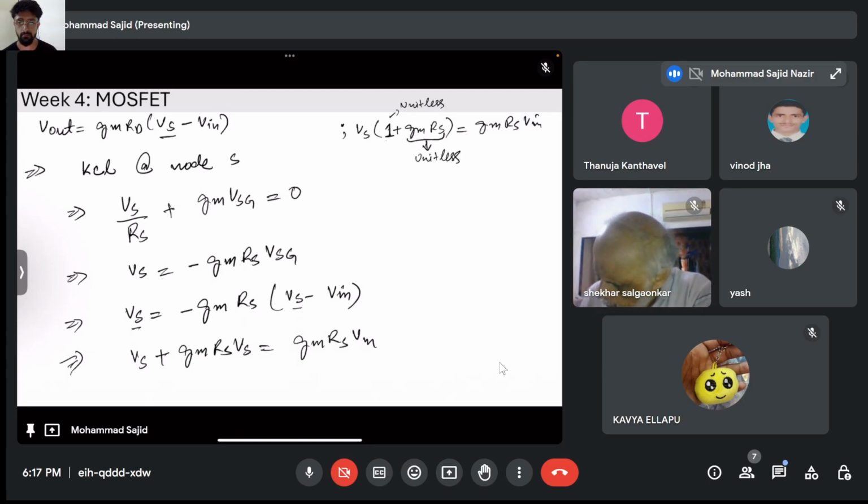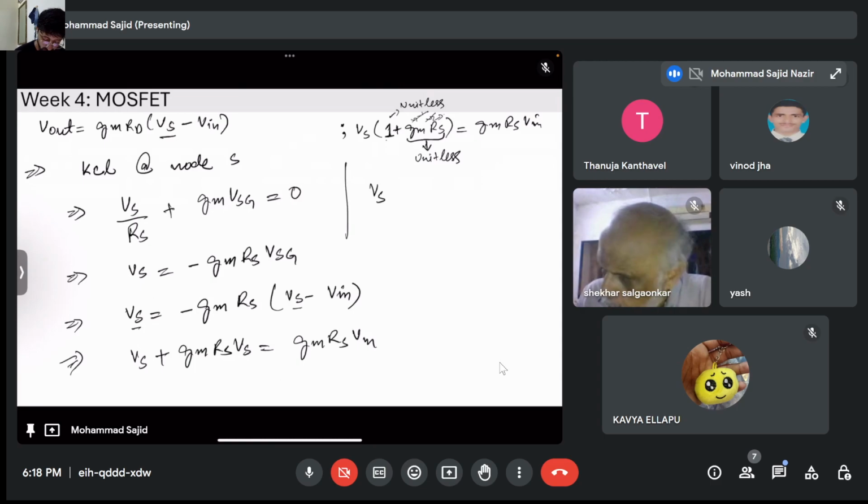They should have the same unit if they have to be added. You can see that Gm is always a reciprocal of R. That means this is ohm inverse, this is ohm, this will go. Therefore, this term is also a unitless quantity. So this is correct, right? So this is one way to cross check your equations.